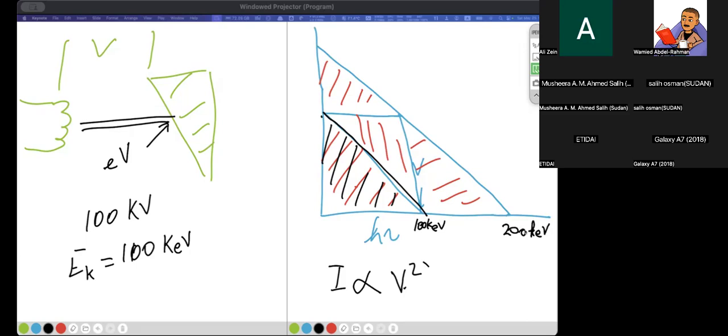And the intensity is therefore proportional to V squared. Of course, here we're ignoring the filtration issue, because typically this is going to probably look like this. Okay, clear?